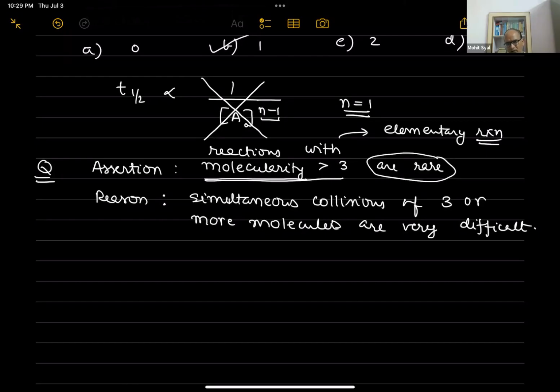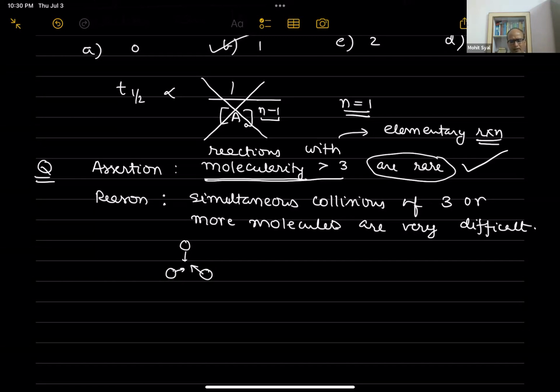Such reactions are not very common. This is correct. And this is a very common question. It is because this collision is going to be very problematic.